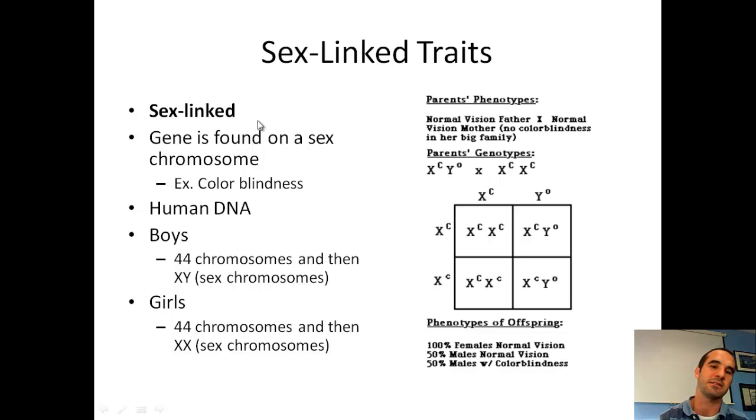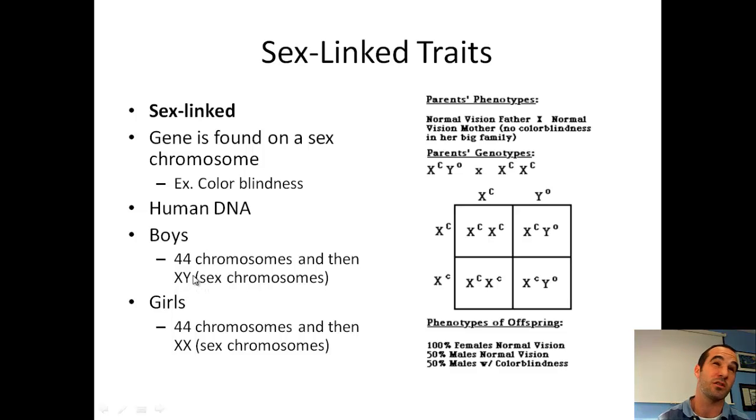So for sex-linked traits, we're looking at genes found on a sex chromosome. Example was colorblindness. And we'll be looking at human DNA. If you looked at human DNA, boys have 44 chromosomes, and then an X and a Y chromosome. So that would hit our 46.